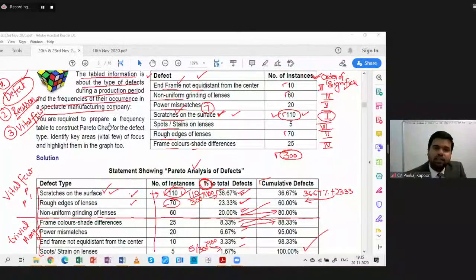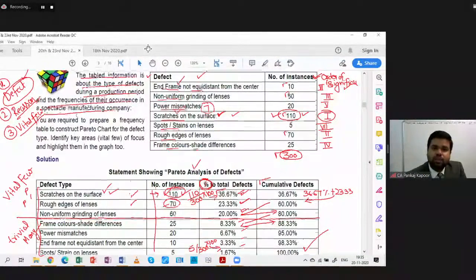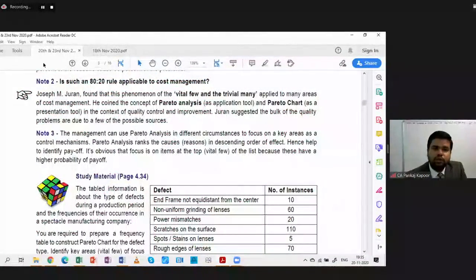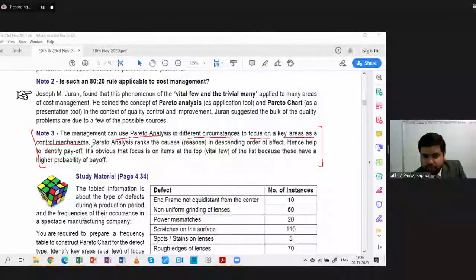Now, what I just mentioned, okay, let me remove this. Read the note number 3 quickly. What is mentioned here? That management can use the Pareto analysis in different circumstances to focus on a key area as a control mechanism. Please, friends, underline the words different circumstances.